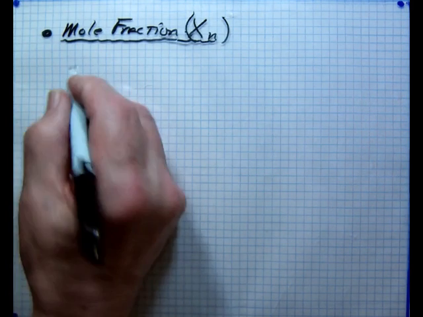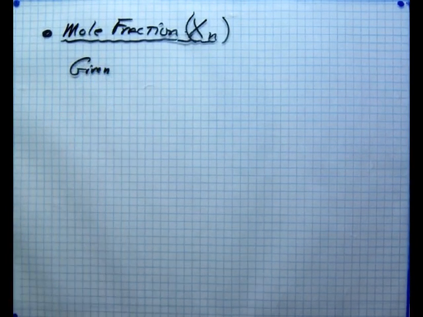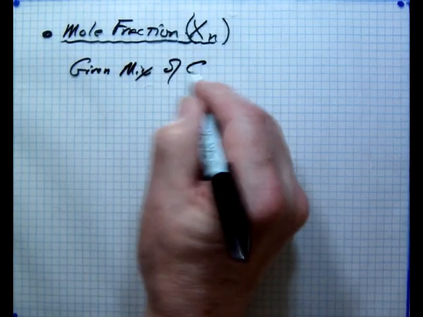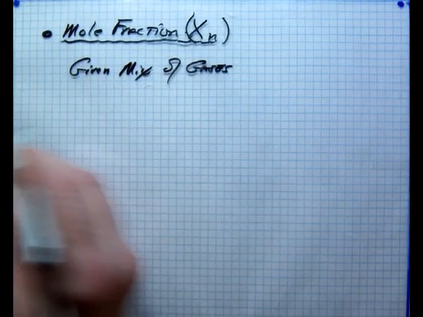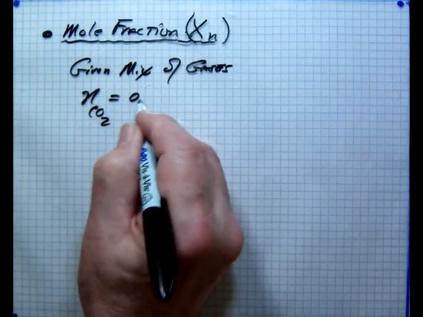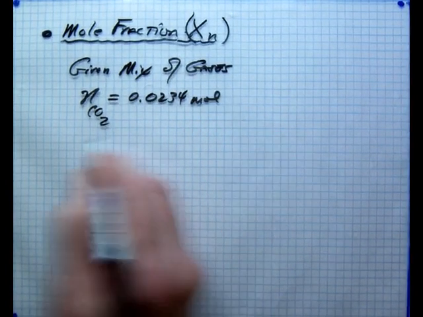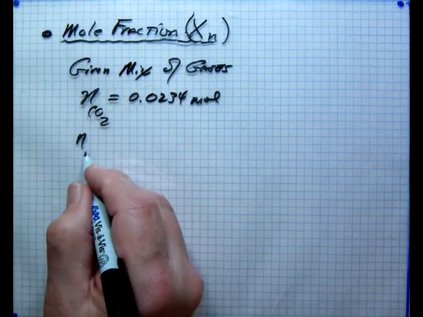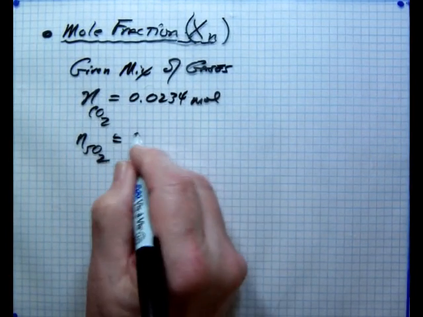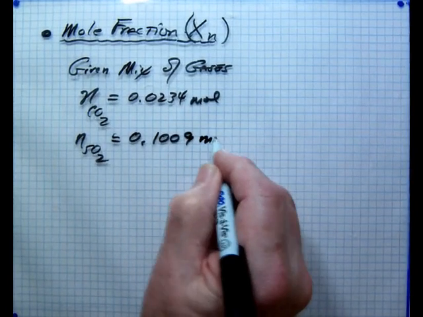For example, if you are given a mix of gases, the moles of CO2 equal 0.0234 mole, and the moles of SO2 are equal to 0.1009 mole.